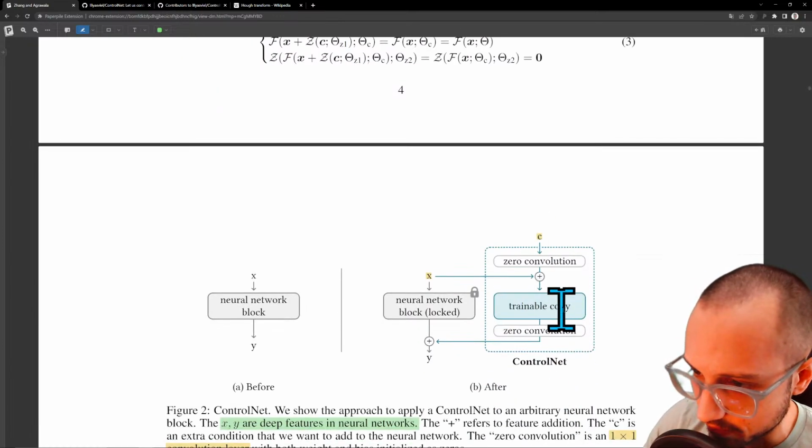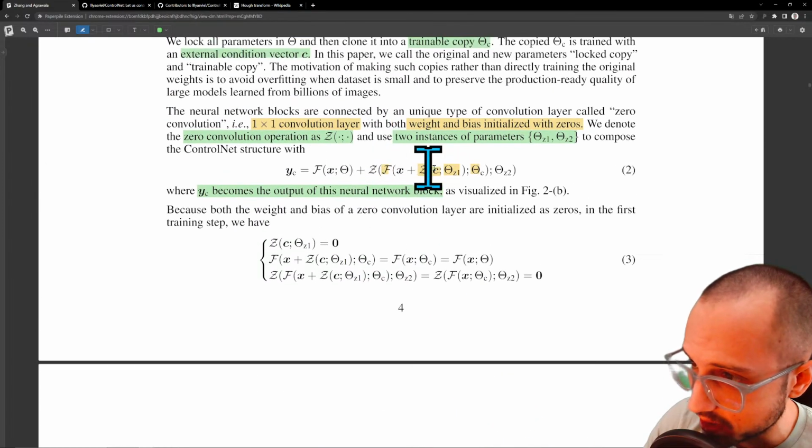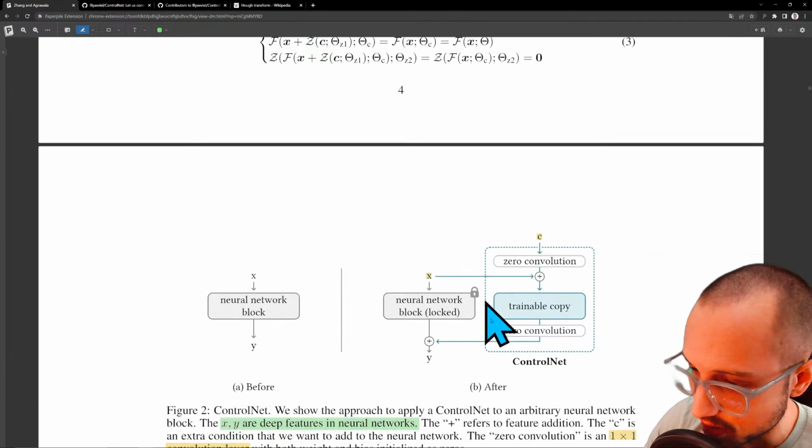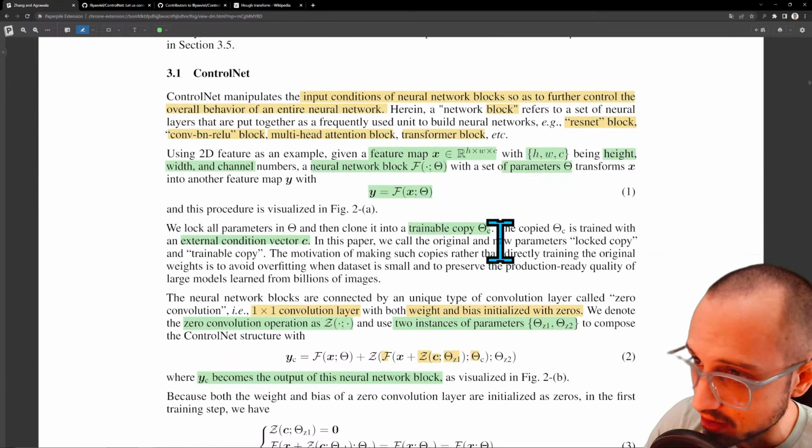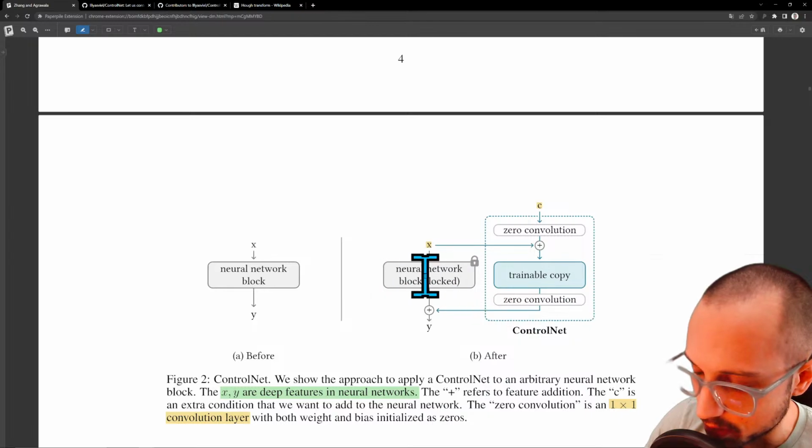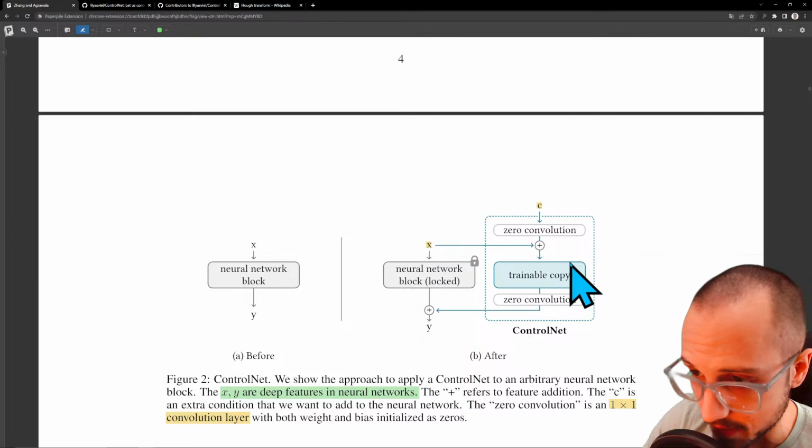Then you have the trainable copy, which is this one here, theta c. So this is F parameterized by theta, which is locked, and this is F parameterized by theta c, which is the copy.